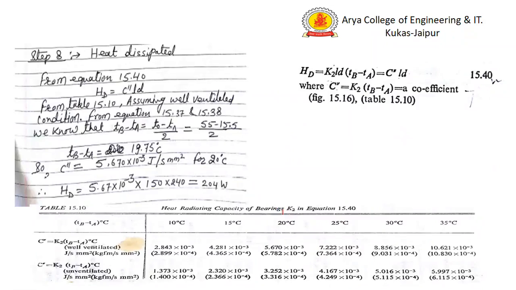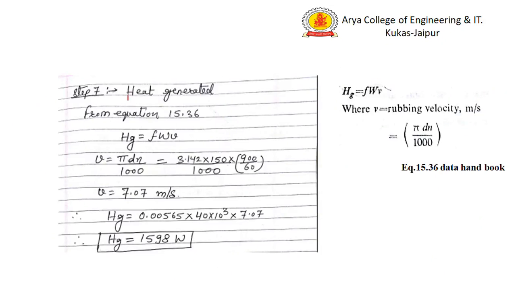So in step number 7, heat generated can be calculated from equation 15.36 of the data handbook. The equation is FWV. F is the coefficient of friction, W is the load, and V is the rubbing velocity.